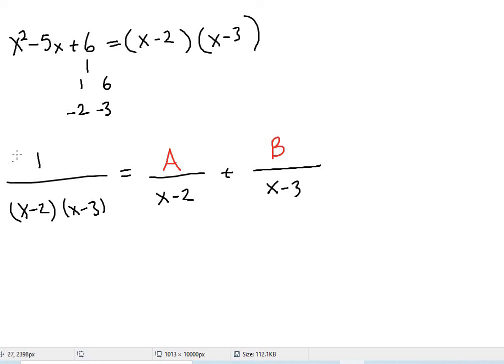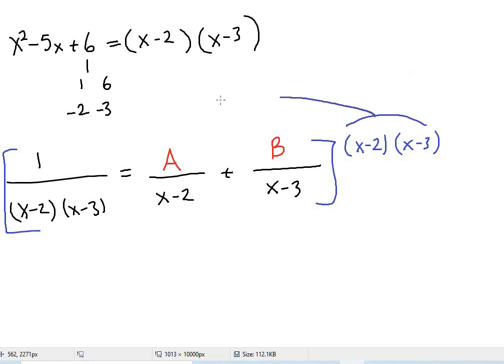Our first step is to multiply the whole equation by the LCD, which is (x minus 2)(x minus 3). If we multiply x minus 2 and x minus 3 with the first fraction, we obtain only 1, because x minus 2 cancels out, x minus 3 cancels out, 1 is left.